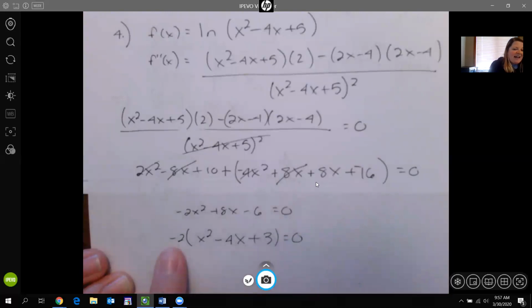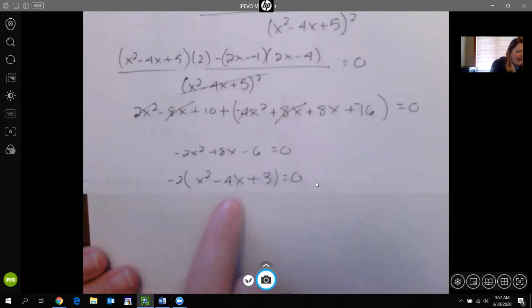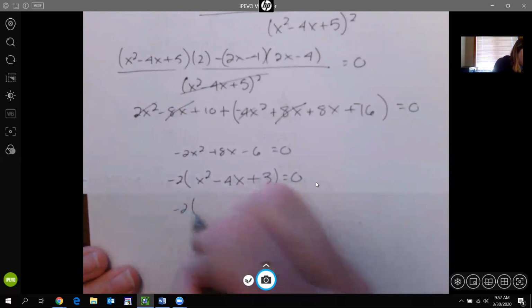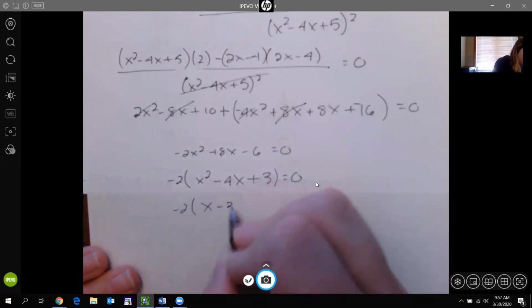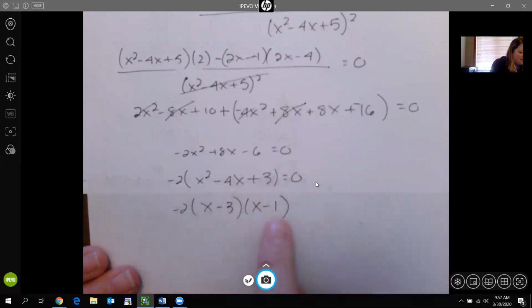The negative 2 does not have an x with it, so it's not going to really play a role in our answer. So we're going to factor this part, and we're going to get x minus 3, x minus 1. Negative 3 times negative 1 is going to equal positive 3, but they add to the negative 4. So that gives me x equals 3 and 1.